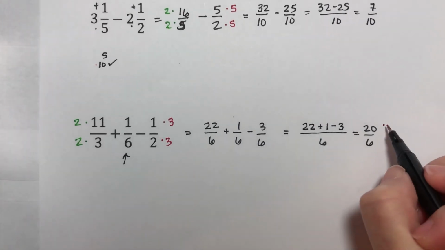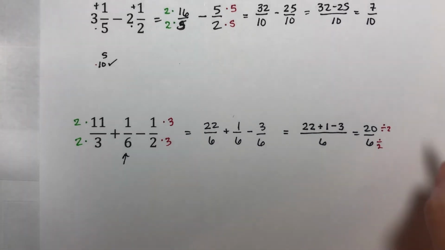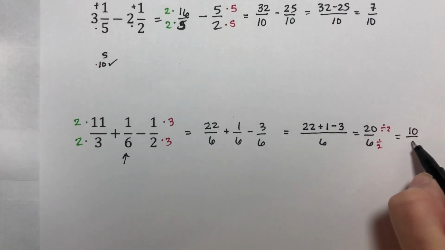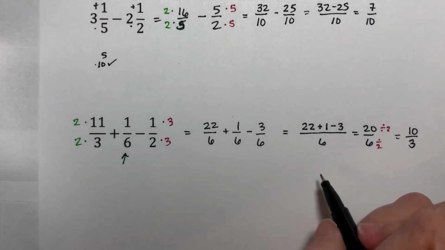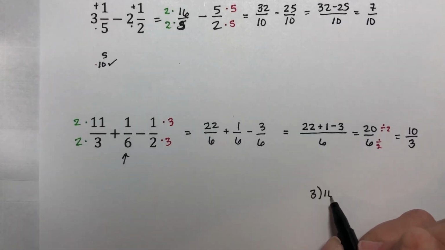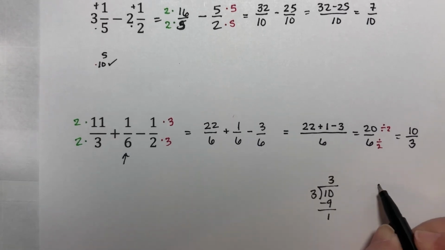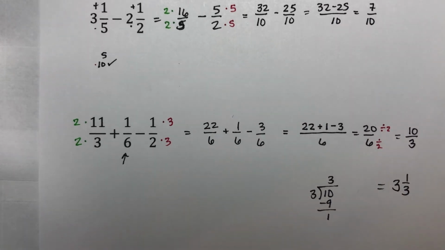So I need to divide these by a 2 no matter what. Even if we're asked to go to a mixed number, I still need to divide these by 2 to get 10 over 3. Now, if they accept an improper fraction as your answer, 10 over 3 would be your answer. If not, 3 divides into 10 3 times with 1 left over. So this would be the same as 3 1/3. Okay. Now we are going to work just one more problem in the final part.